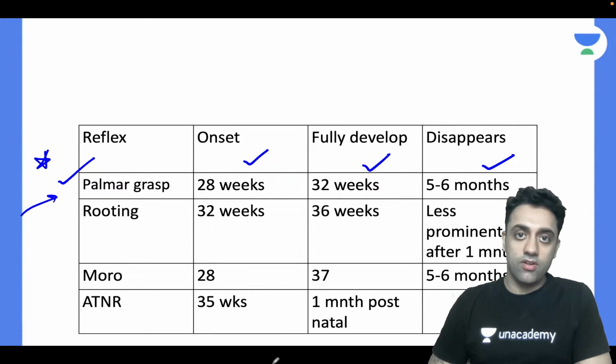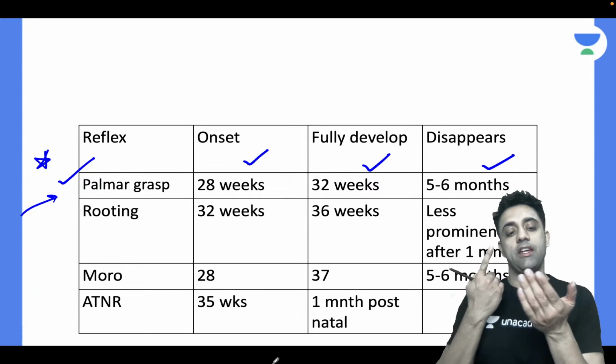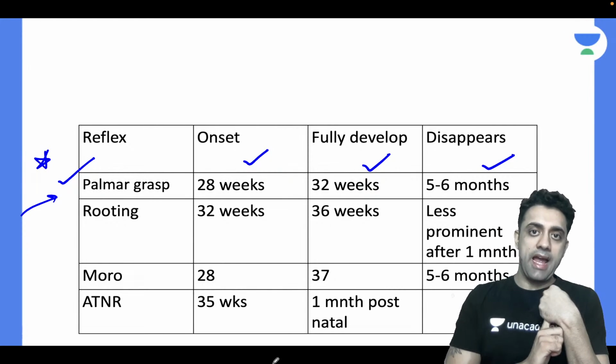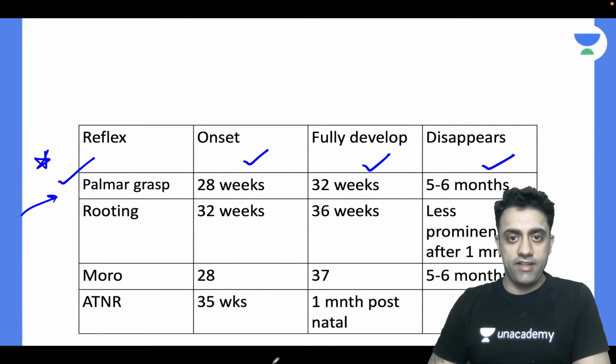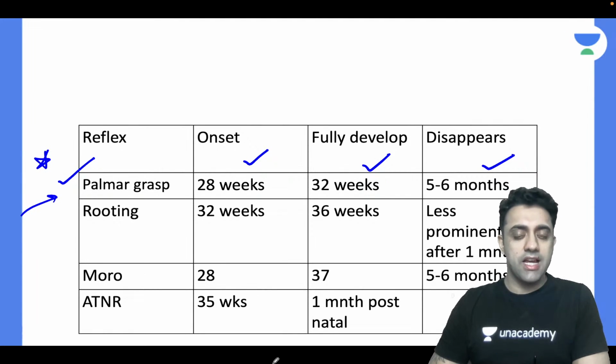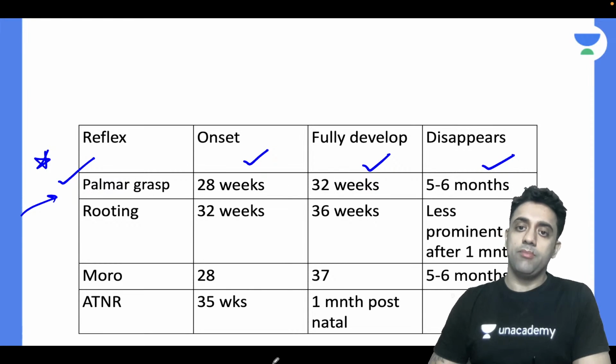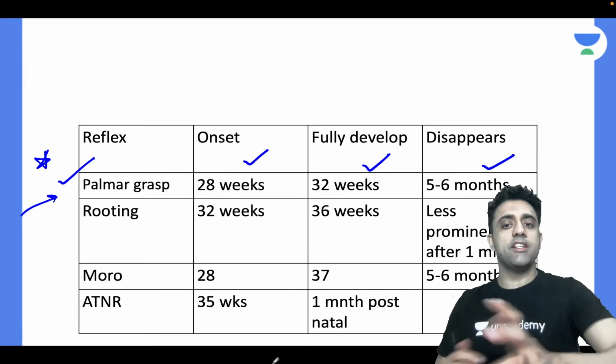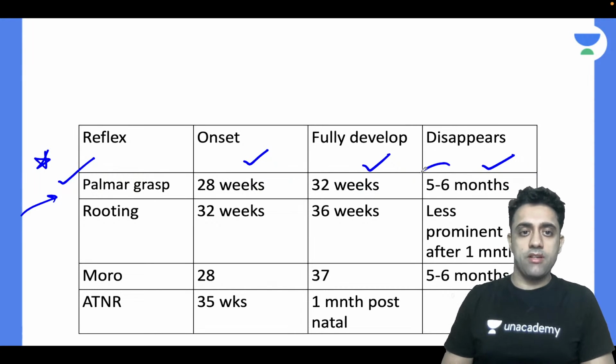The first reflex we saw was the palmar grasp. Once I put my finger over the baby's palm, the baby grasps my hand. It comes by 28 weeks, fully comes by 32 weeks, and disappears by 5 to 6 months. Please remember, most reflexes disappear by 5 to 6 months. Palmar grasp also disappears by 6 months.